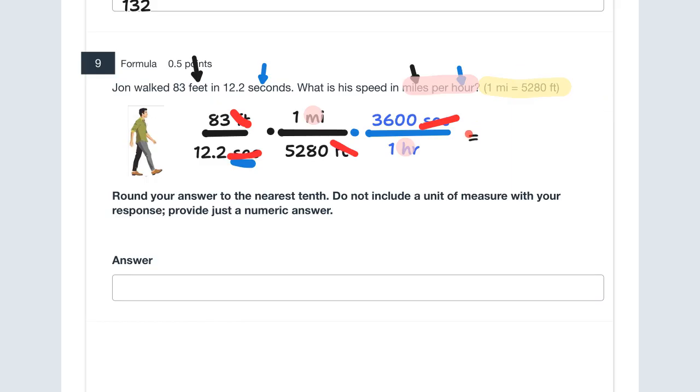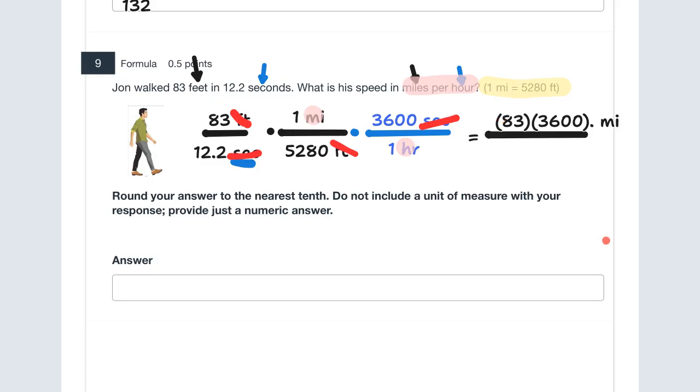So this is equal to, well, what do I got here? In the top, I have 83 and 3,600, and I know I'm going to have miles.